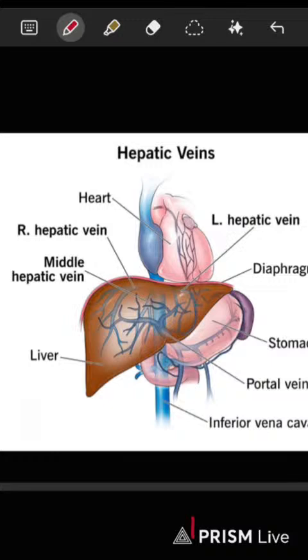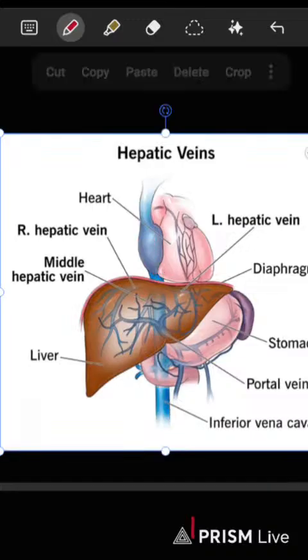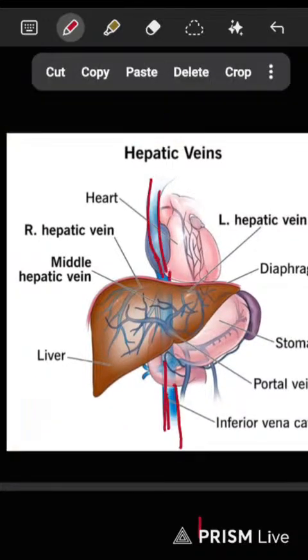So it's important. There is an inferior vena cava in the side of the liver. At this point there is a hepatic vein.